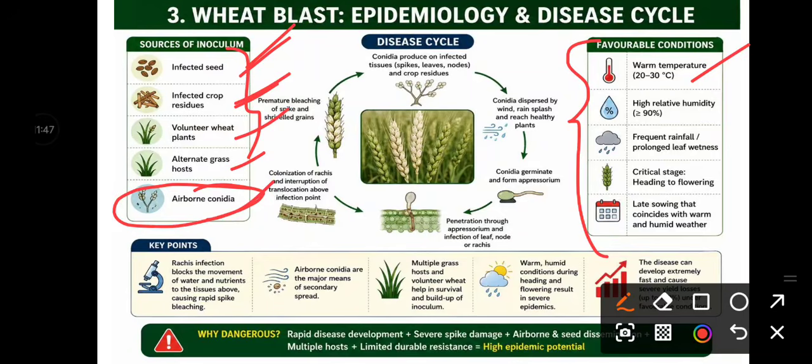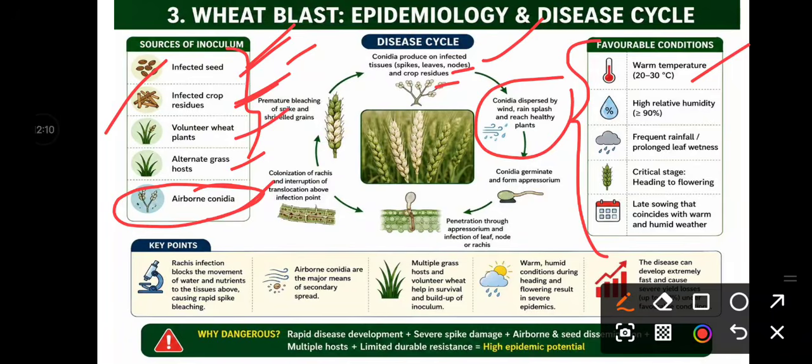Then about the disease cycle. So these are the primary sources: the infected tissue or crop residue or seeds. From there, the conidia will be dispersed by wind and rain splash to the healthy plants whenever the host is available.